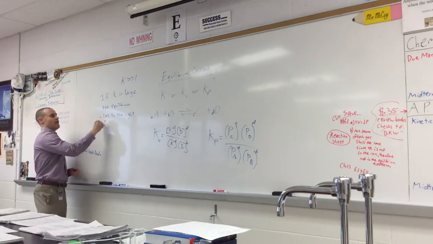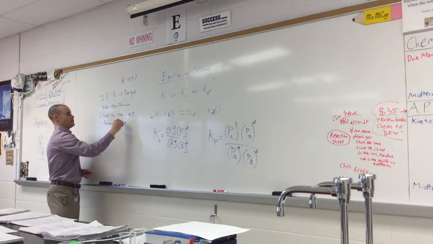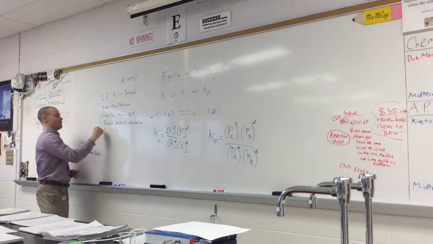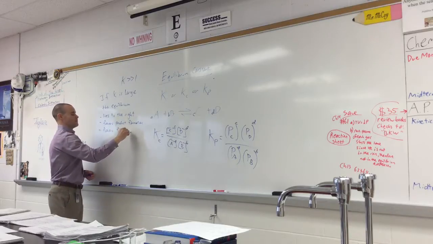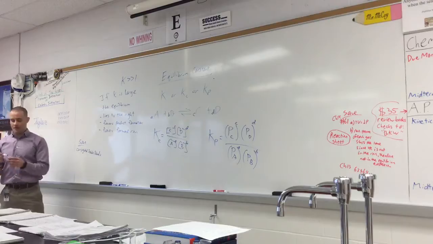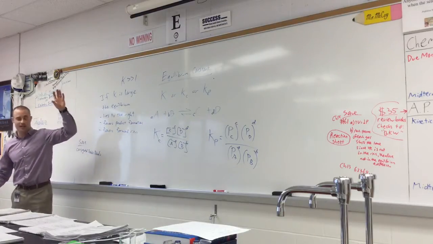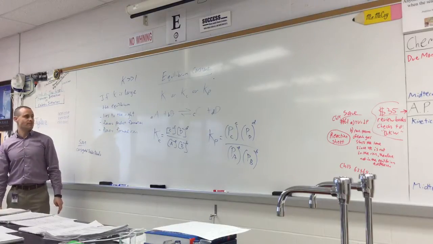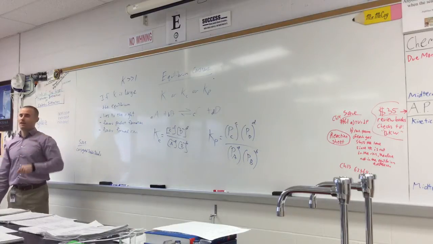Or we could say it favors product formation, or favors the forward reaction. All of those three things mean the exact same thing. It means we're going to the right. We're making more of what's on the right, the products, than what's on the left. Now remember, don't get confused. What does equilibrium mean?